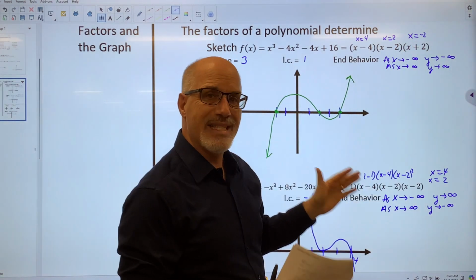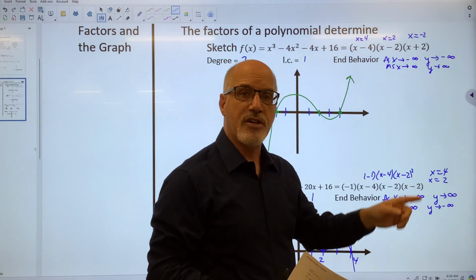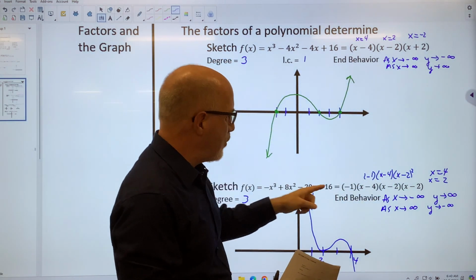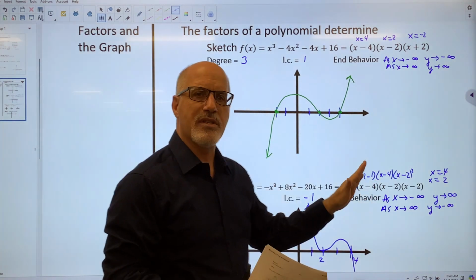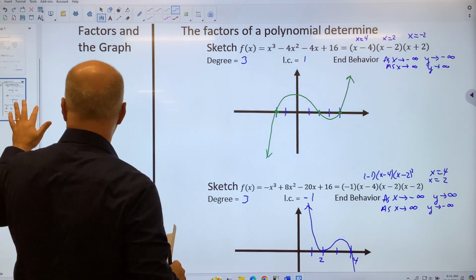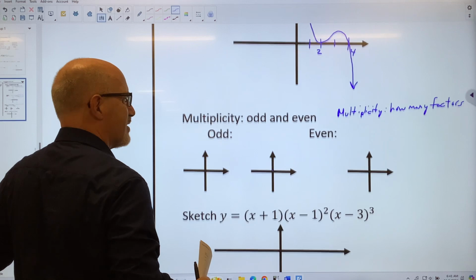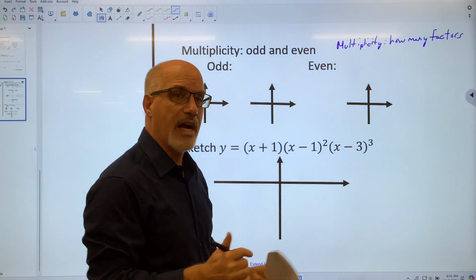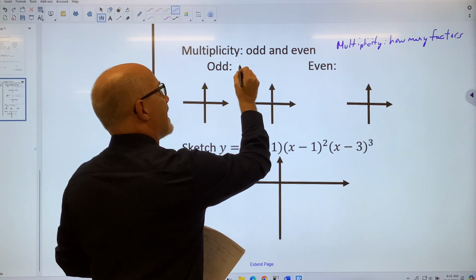The pattern we see is when there's 1 factor, it just goes straight through it. If there are 2 factors, it bounces off of it. We can generalize that for odds and evens. When the multiplicity is odd, it goes through the axis.